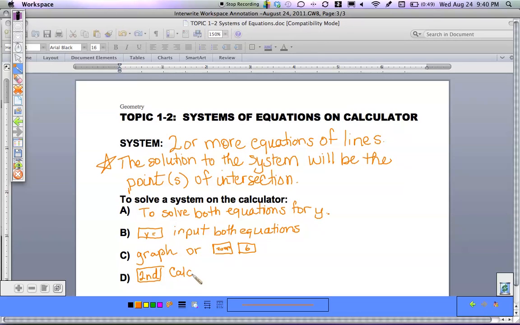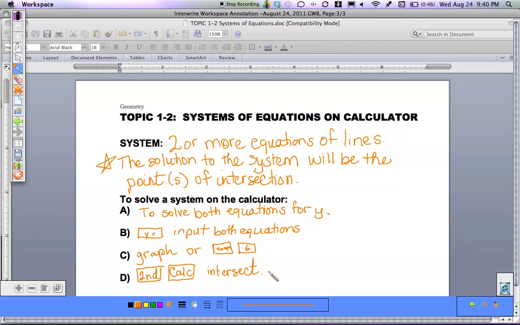And if you'll notice, above the trace button it says calc. We're going to be calculating the intersection. So you're going to press second, calc, intersect, to tell the calculator we want to know where they cross.